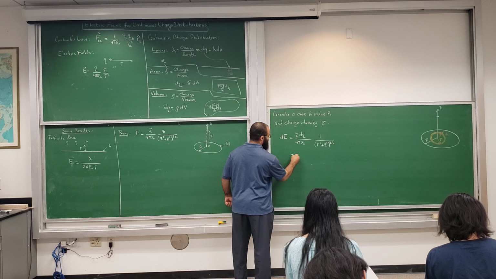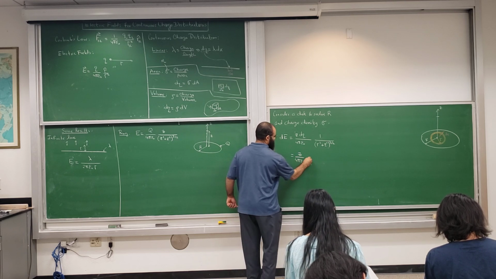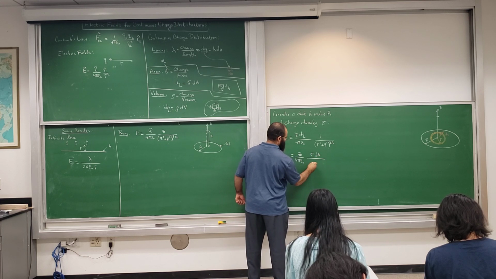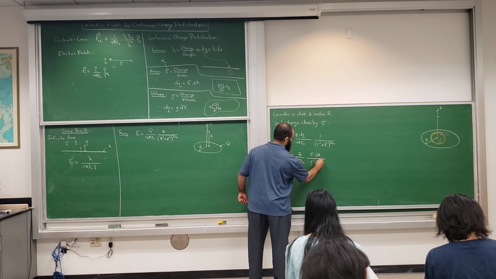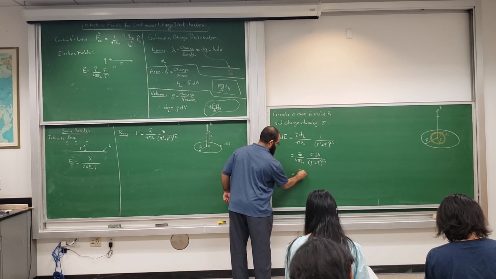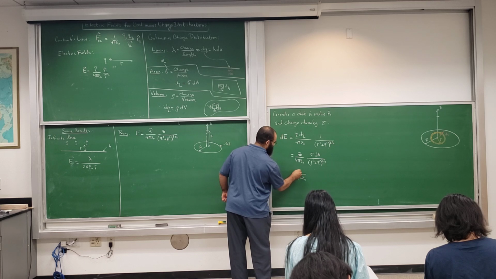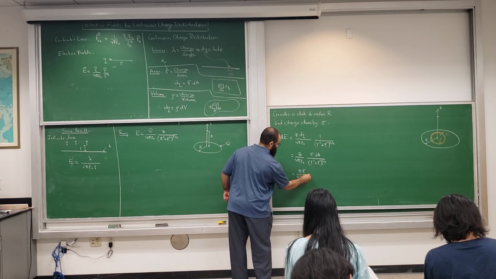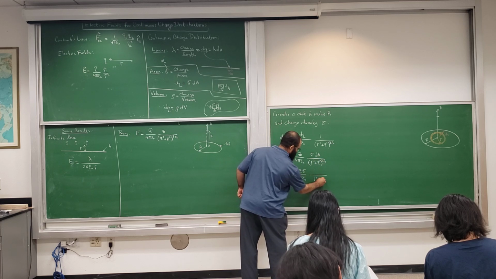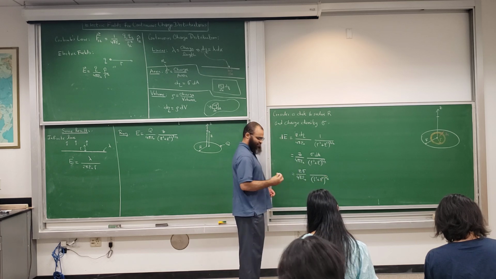We've got z over 4 pi epsilon naught, and here I'm going to have sigma times dA over r squared plus z squared to the 3 halves. Now dA.